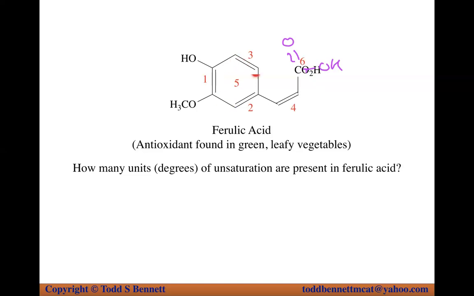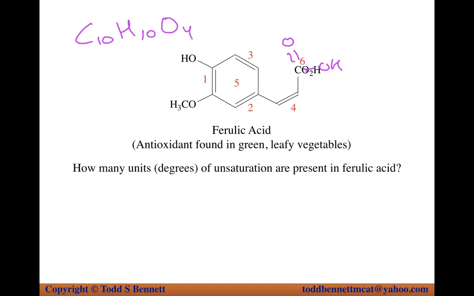There are 6 carbons there, 7th, 8th, 9th, 10. So this is C10. Let's see how many H's. There are 1, 2, 3, 4, 7, 8, 9, 10. And then O's, there are 1, 2, 3, 4.